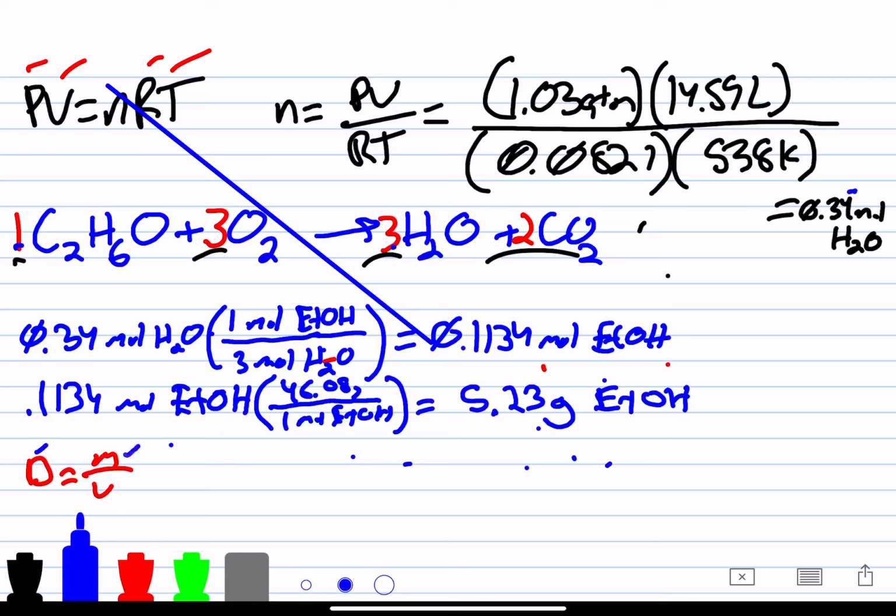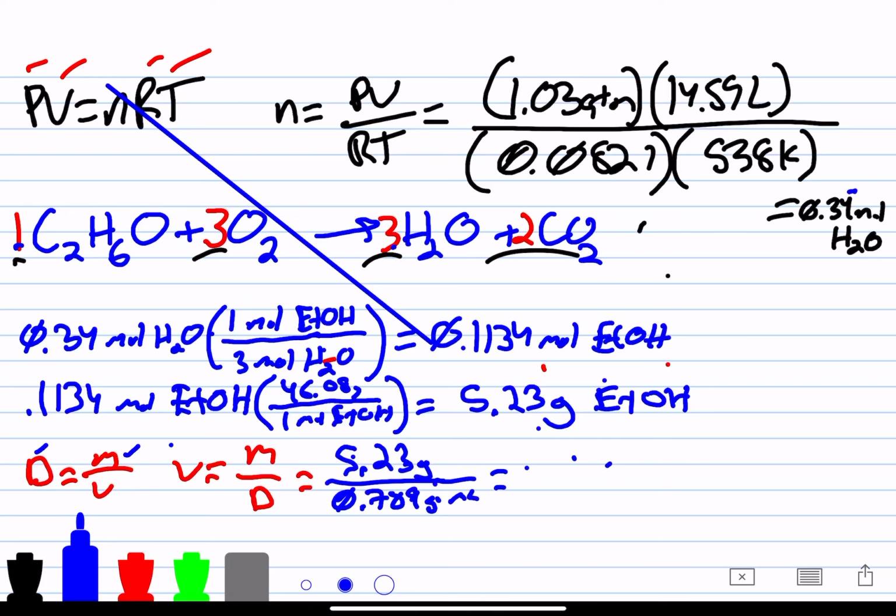So as it turns out, if we rearrange this equation so we can find out the volume, volume is equal to mass over density, that is going to be equal to 5.23 grams of ethanol over 0.789 grams per milliliter.